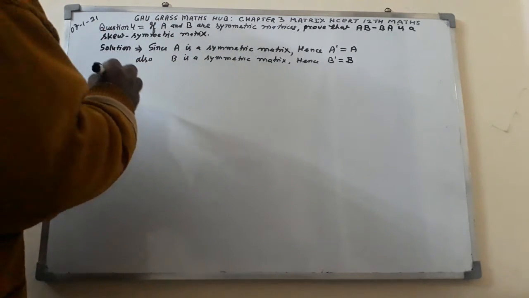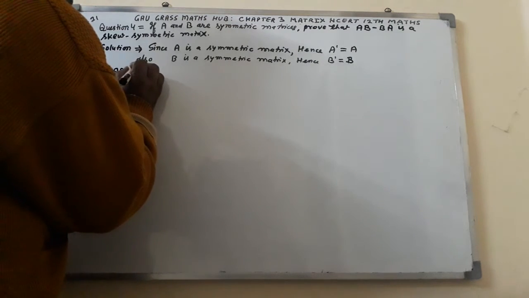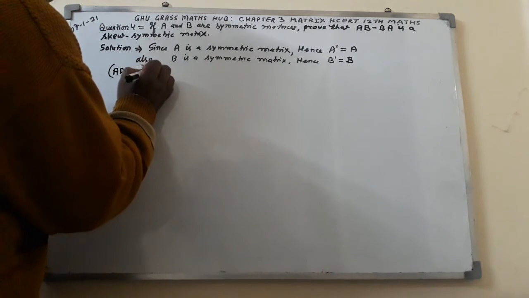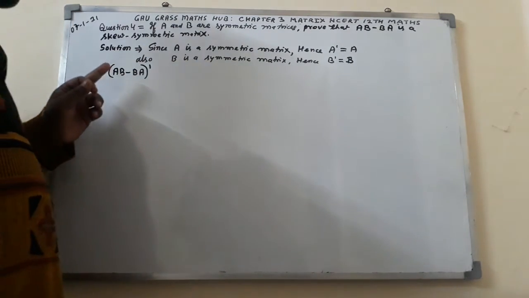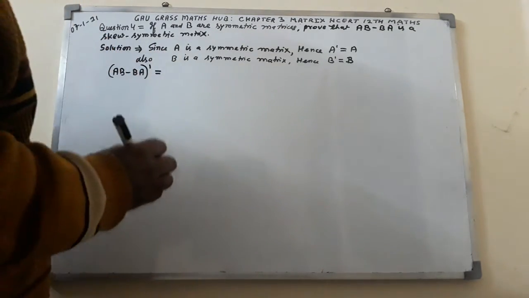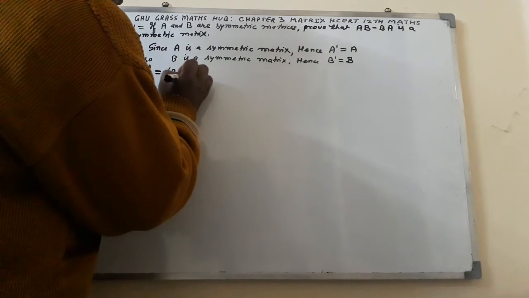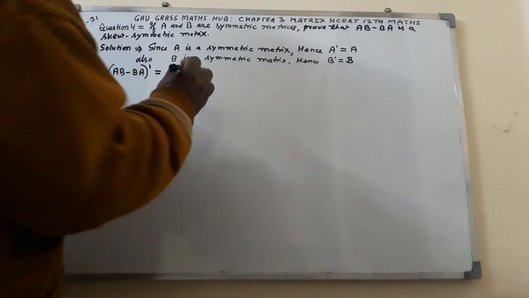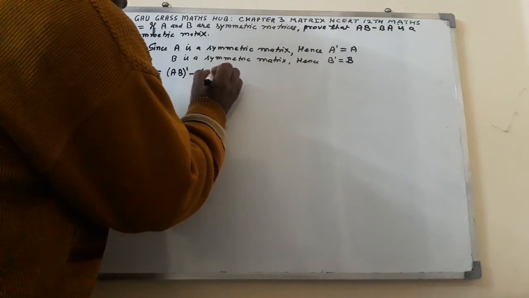So here I shall write: the transpose of AB minus BA comes out to be the transpose of matrix AB minus the transpose of matrix BA.